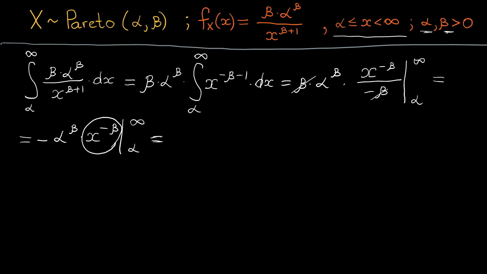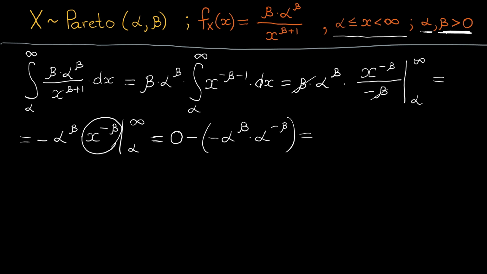Well, beta is always greater than 0, so minus beta is always strictly less than 0. So infinity to a negative power is going to give us 0. So we'll have 0 minus, when we plug alpha for x, minus alpha to the power of beta times alpha to the power of minus beta.